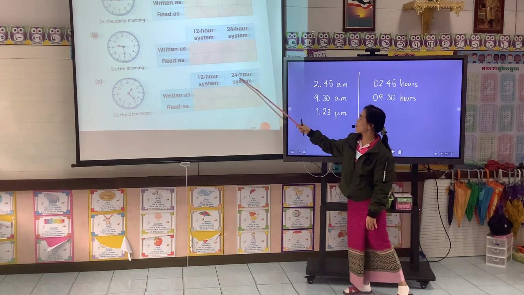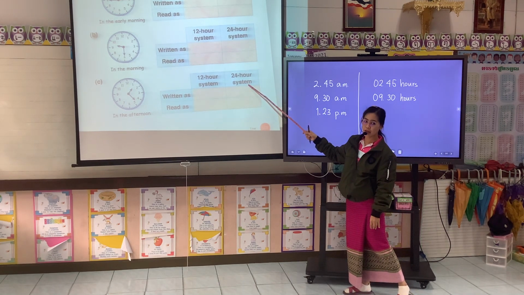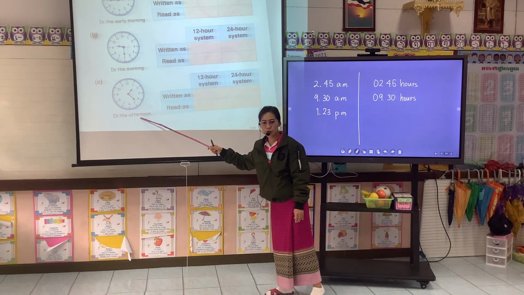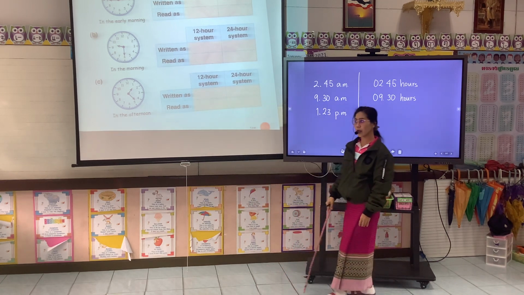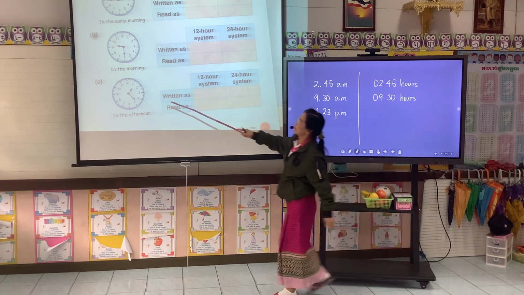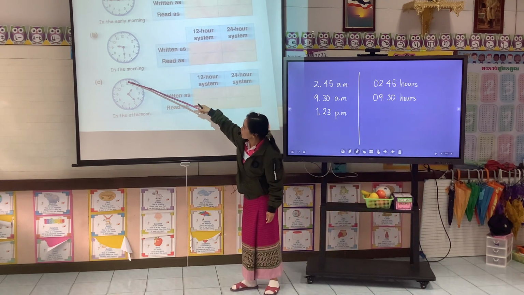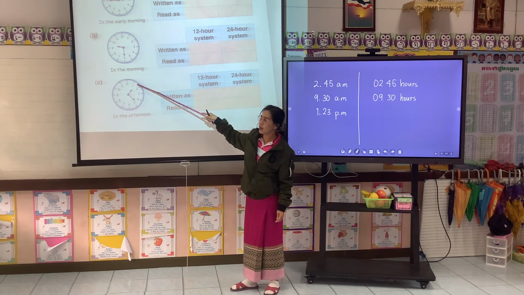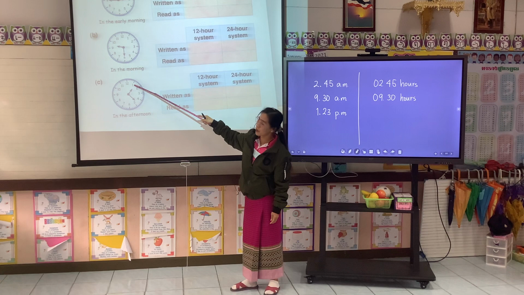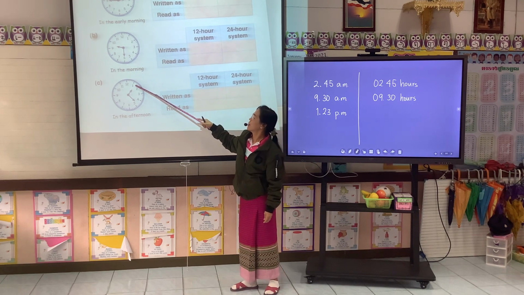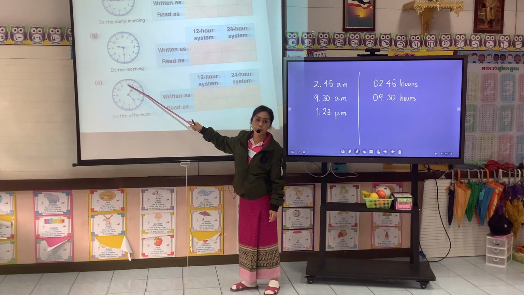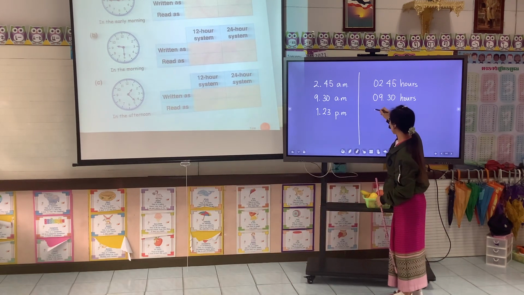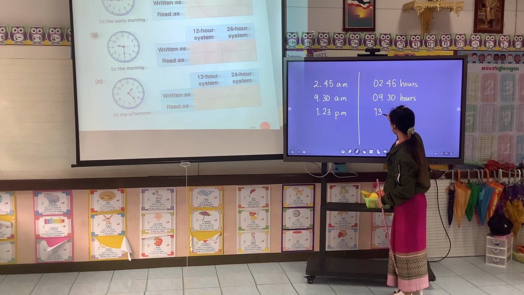What about in the 24-hour system? So here we go. In the 24-hour system, when in the afternoon, we need to add 12. Okay? So now look, 12, 13. Continue counting, right? That is 12, 13. Okay? Meaning to say 12 plus 1. Okay? In the 24-hour system. So that is 13.